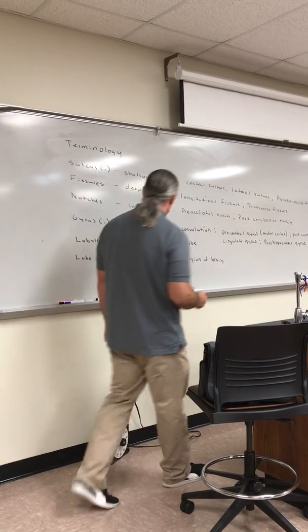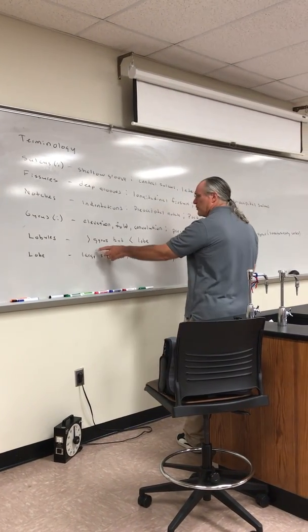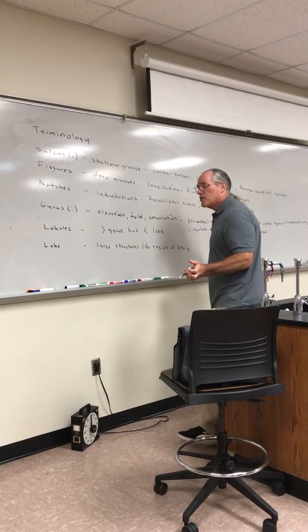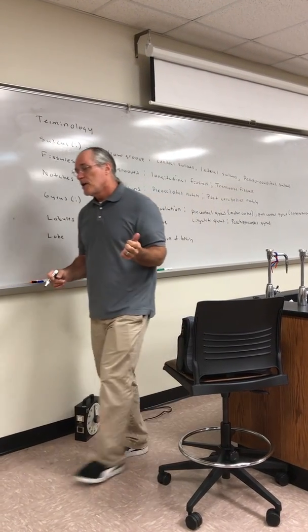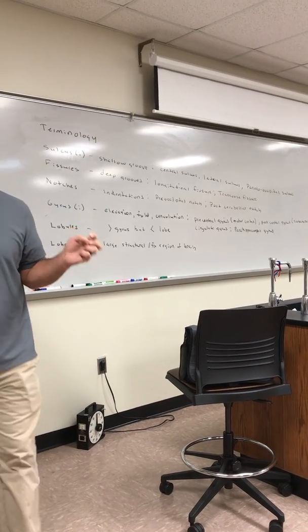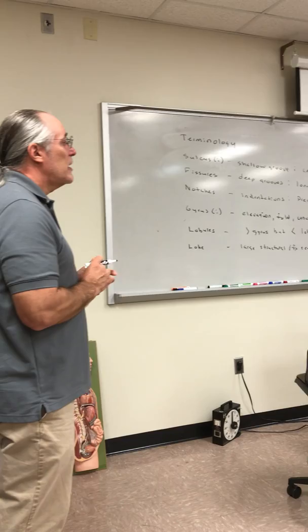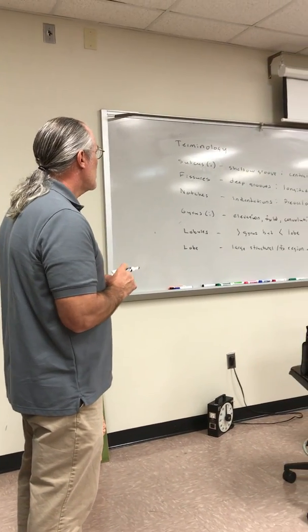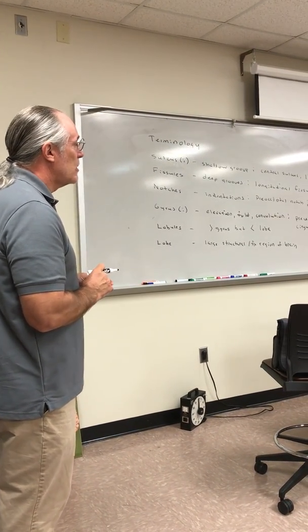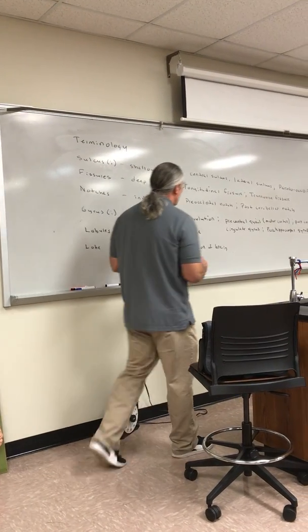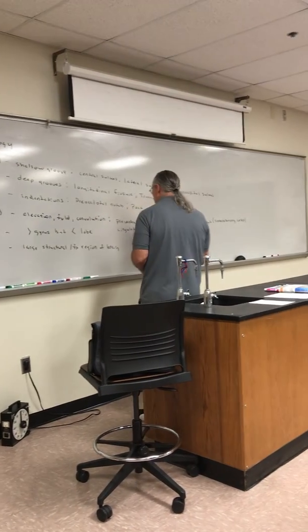Okay, so the lobules, I'm not going to hold you responsible for this quarter. There's a precentral lobule, a supraparietal lobule, and an infraparietal lobule of the brain. I'll let you have that in CNS next quarter, because we just want to introduce the main things here. But the lobes, you're going to need to know the 5 lobes of the brain.